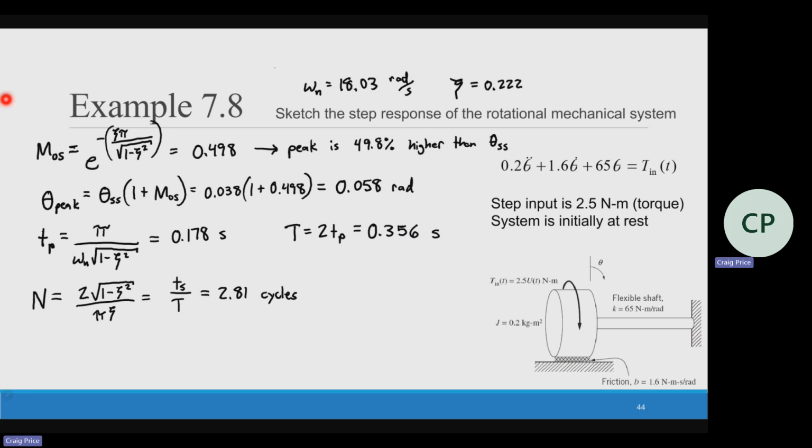And then I don't really need this, but just to show you, we can calculate. This is also on the equation sheet. Damped frequency is the same as natural frequency times the square root of 1 minus zeta squared. This is equal to, wow, I don't have this.